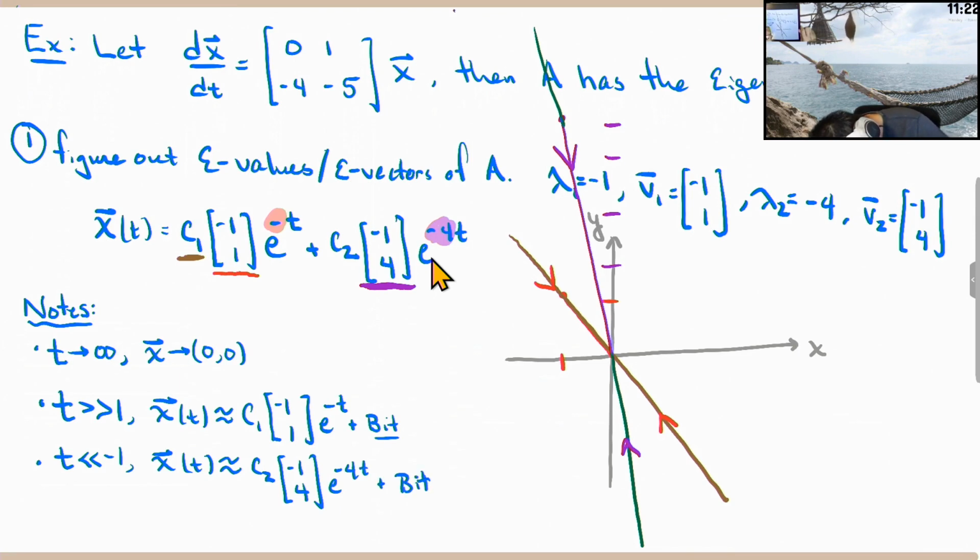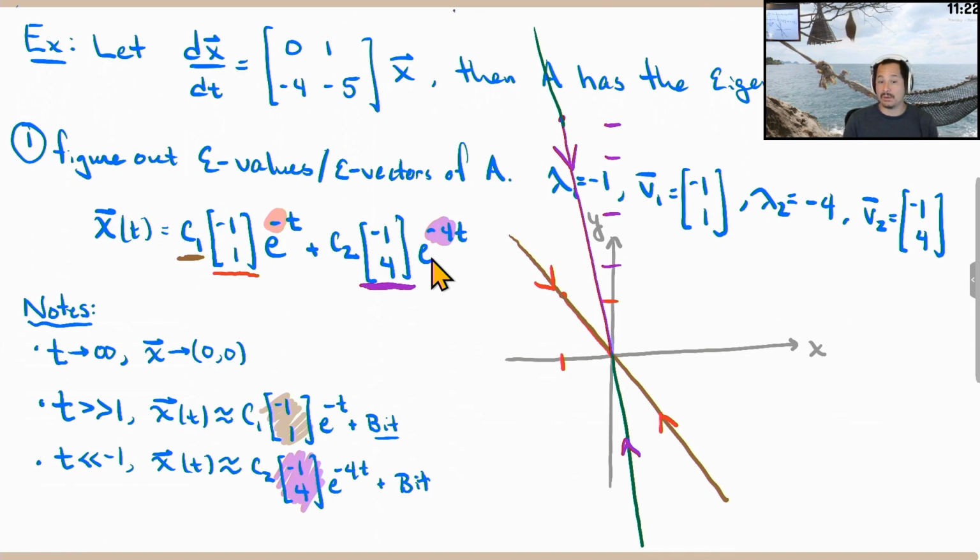Let me color code these up. This is purple. And then this here is brown, or red, however you want to color code that. So here's the game. Really far forward into the future, everything is going to be drawn into 0, 0. That is the equilibrium solution. Everything wants to go there. There are two guiding lines that get me there, and those are my eigenlines, the purple and the brown.